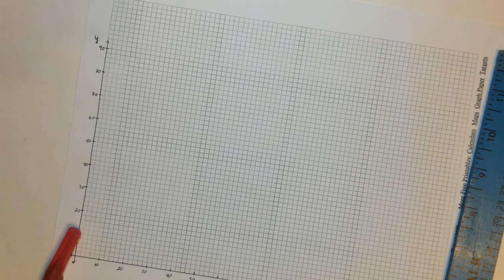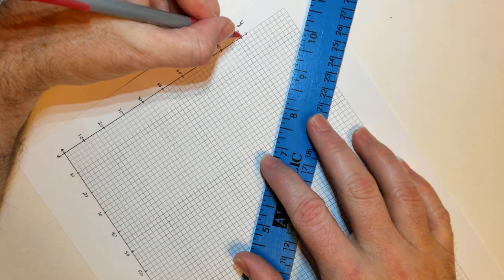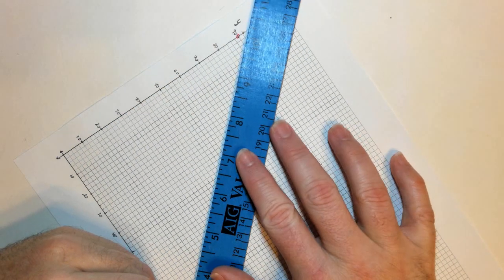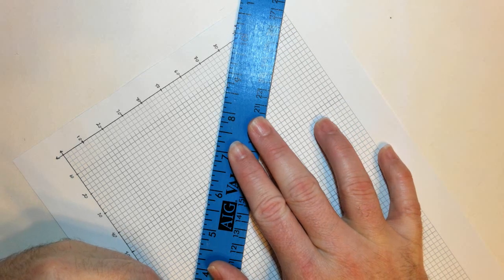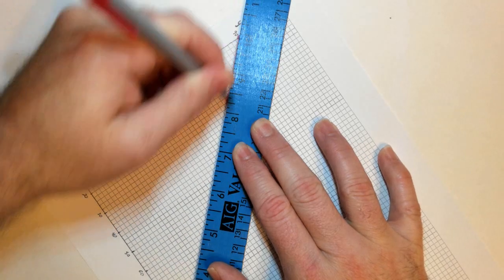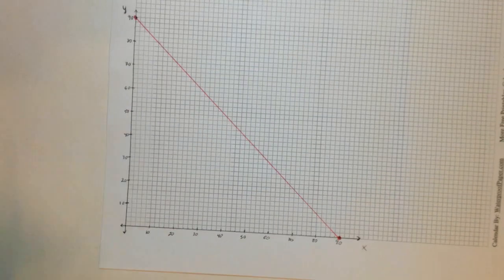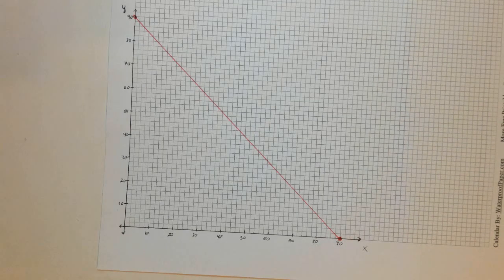X was the number of bookshelves, Y was the number of desks. I may decide to write that in a minute. All right, first line graphed. Just kind of got like a triangle going. All right, what's next?